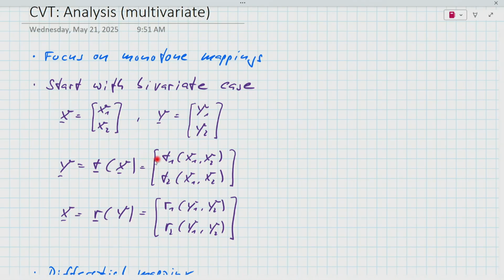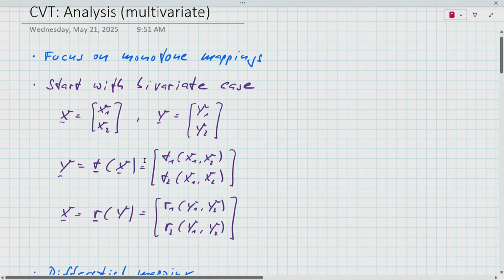So we have this mapping from x to y, component-wise. So we have t1 of x1 and x2 and t2 of x1 and x2, and we do this mapping. And because we focus on the monotonic case, this is invertible. In fact, you could have invertible mappings that are non-monotonic, of course, but we do not look at those.